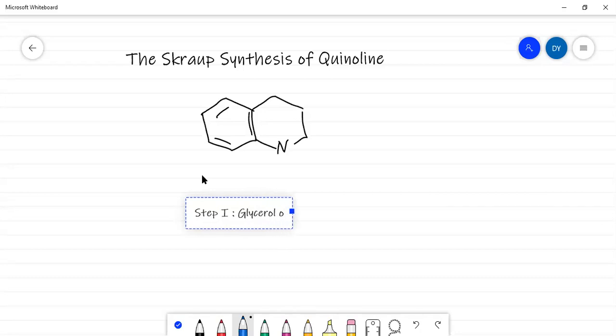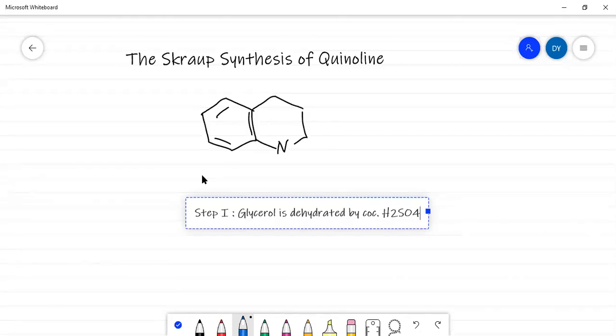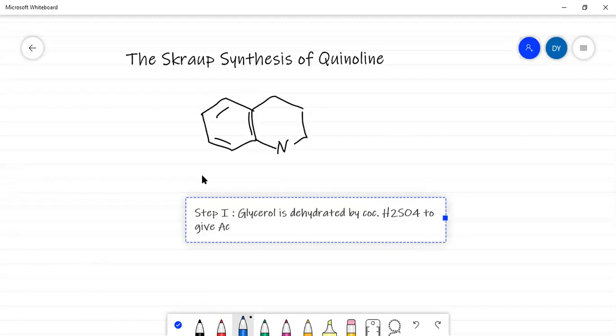Glycerol is dehydrated by concentrated sulfuric acid to give acrolein. So student, this is step number one.